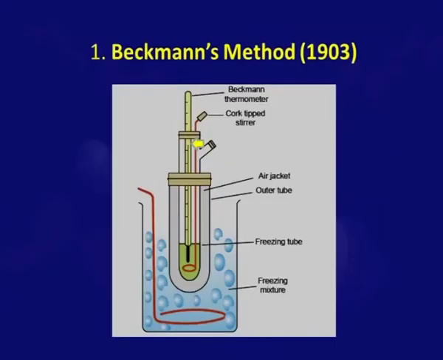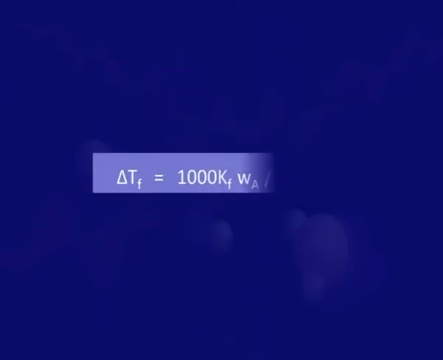By the difference of the freezing point of pure solvent and that of solution, we will get the depression in freezing point. By using the expression delta Tf equal to 1000 into Kf Wa upon Ma into Wb, we can get the value of Ma by putting all the values of delta Tf, Wa, Wb and Kf.